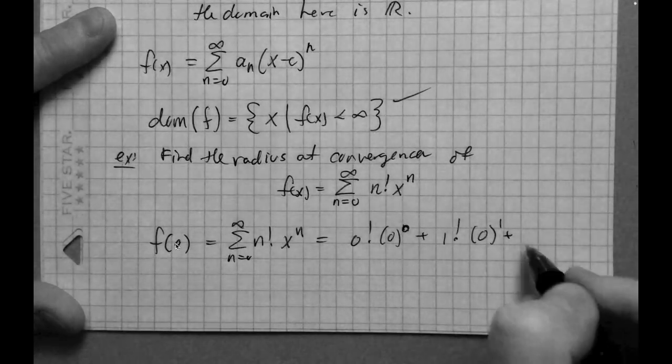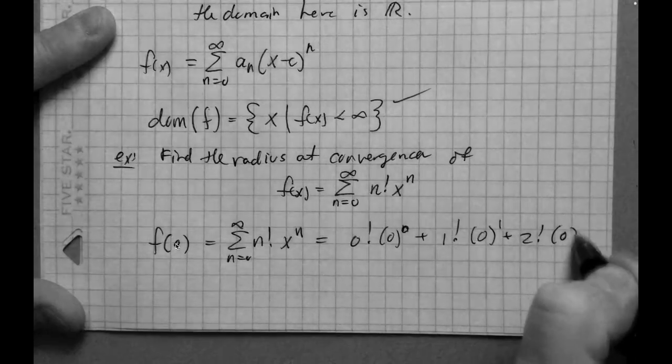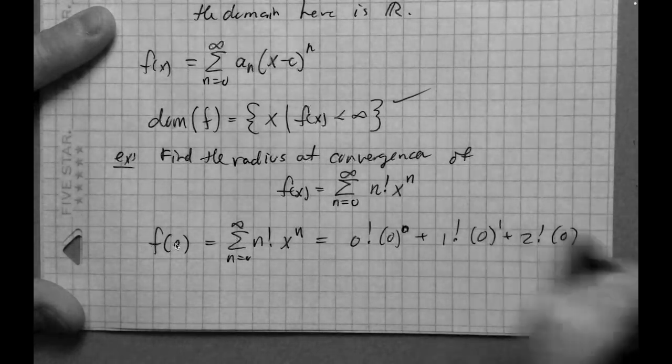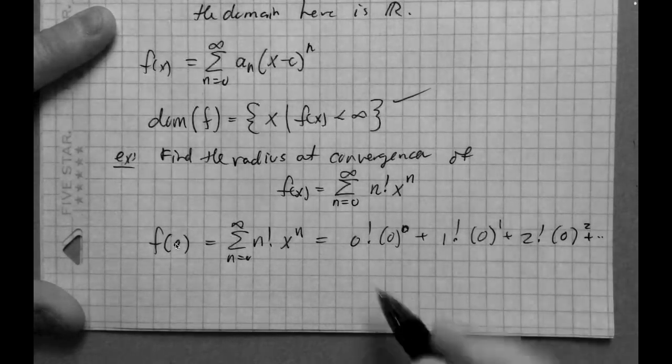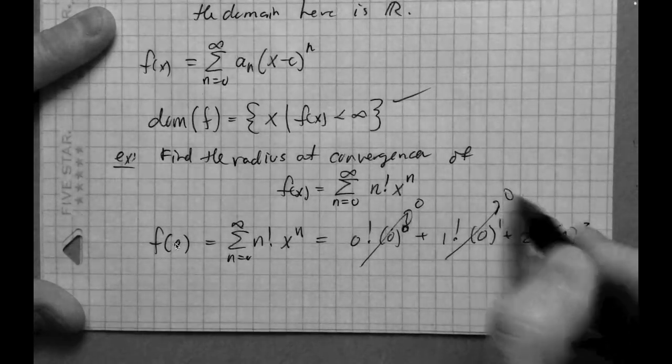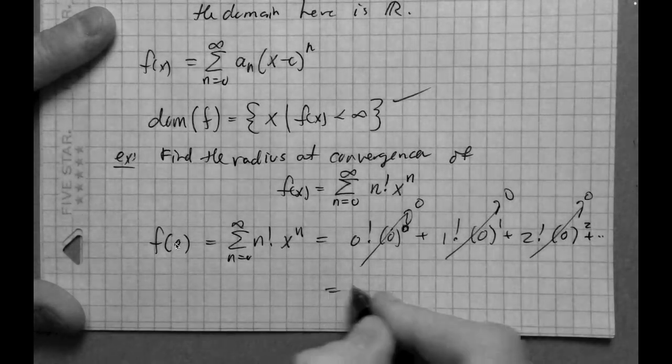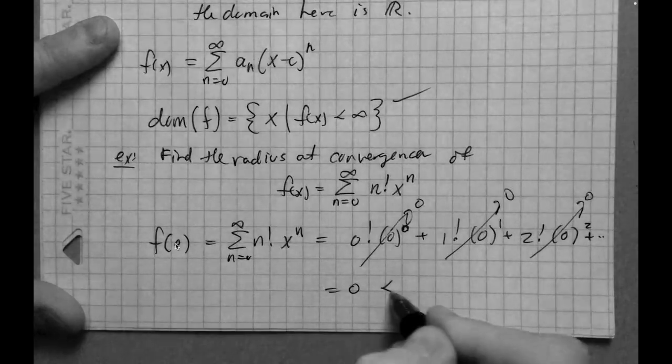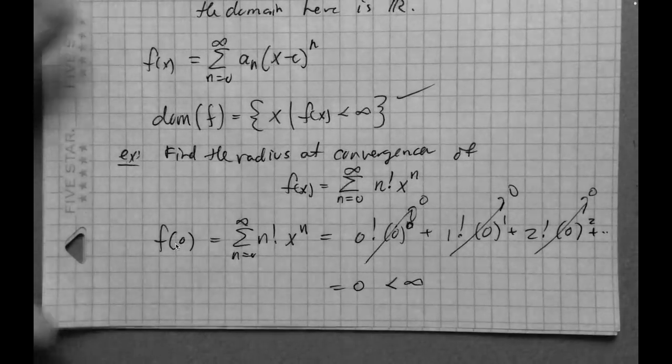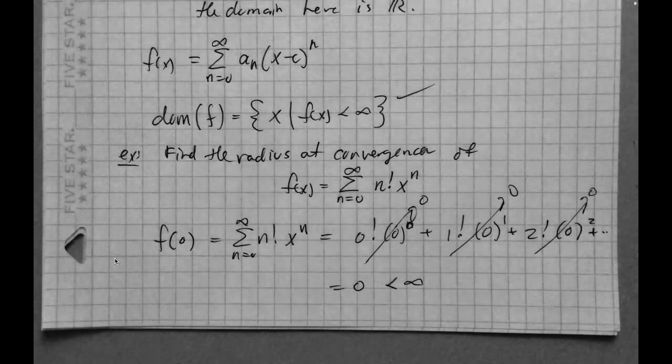We'll put 2 in there: 2 factorial times 0 to the second power, and so on, right? So you've got a 0, a 0, a 0. So everything is 0, right? So obviously less than infinity, right?